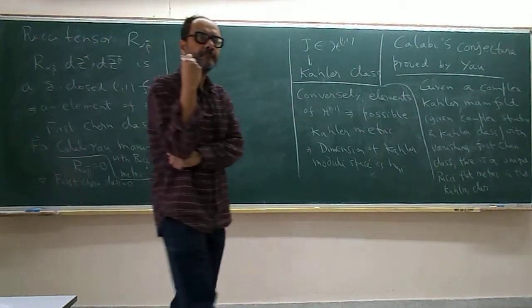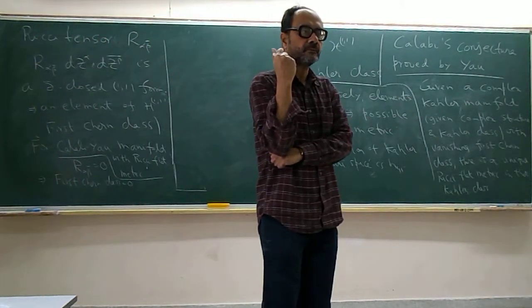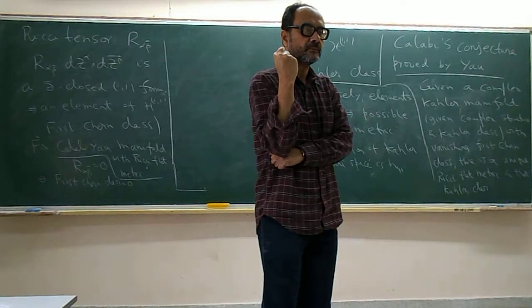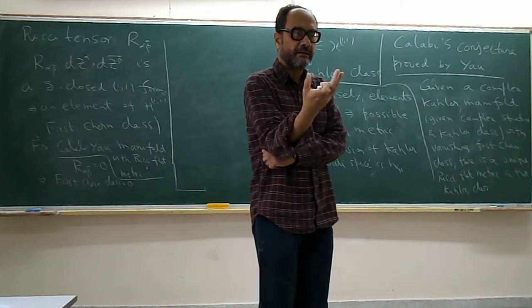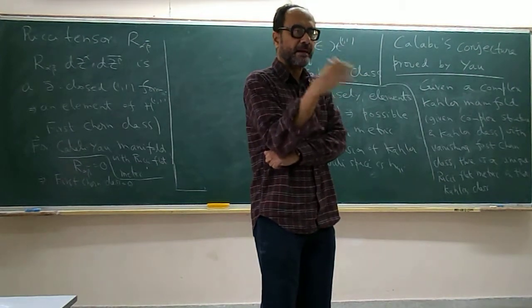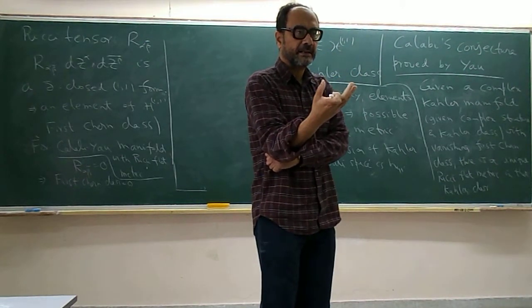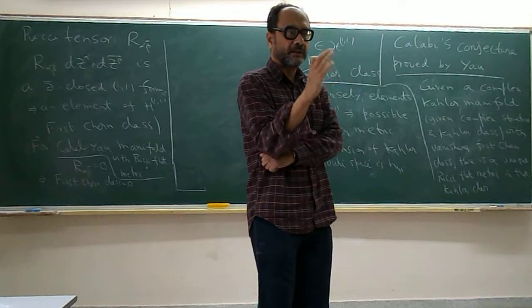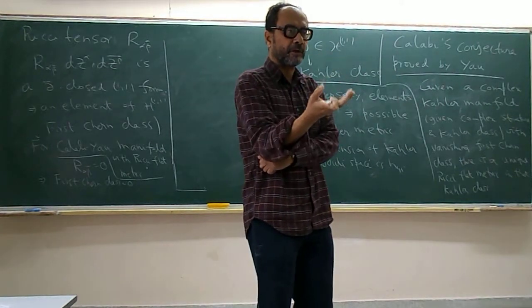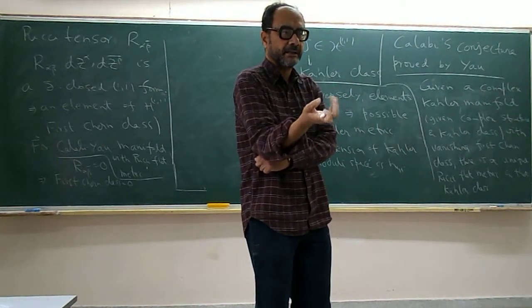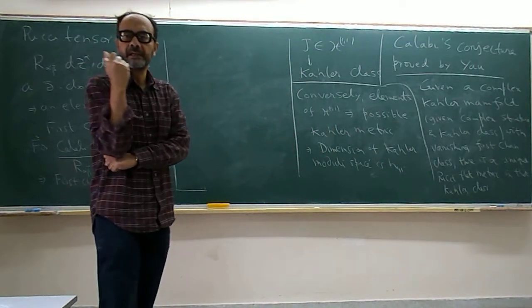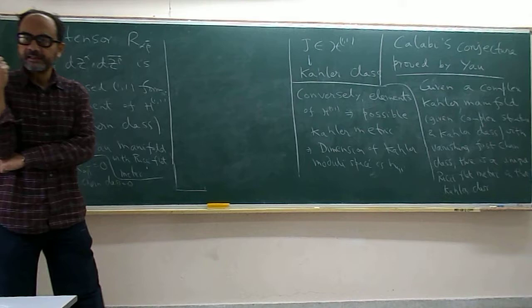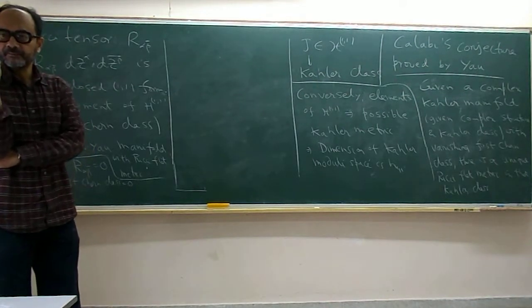Does the vanishing first Chern class imply that the vector bundle is trivial? Well, it doesn't mean the whole manifold is trivial. That particular vector bundle which defines the first Chern class, the particular vector bundle that is responsible for defining the first Chern class, that is trivial. What is the relevant bundle? The tangent bundle.